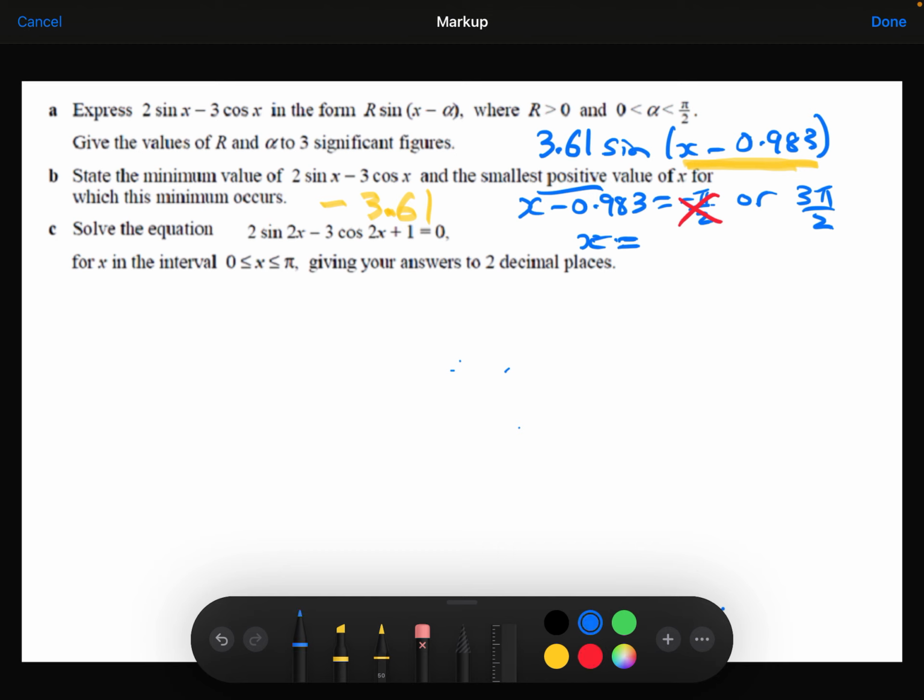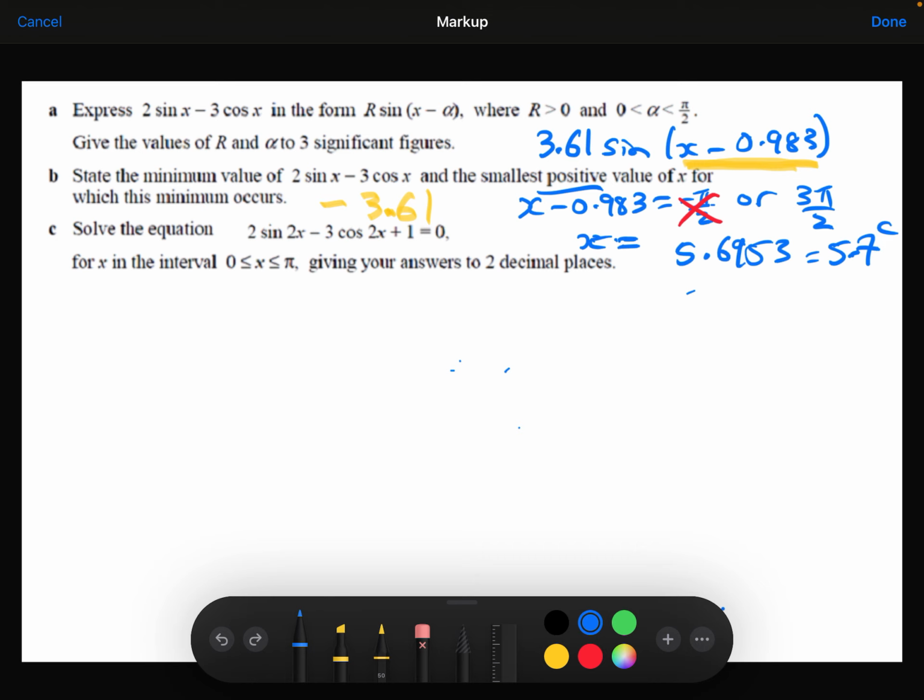So the smallest positive answer is going to be when I do 3 pi over 2 plus the 0.983, which gives 5.6953, which I'm going to say to 1 decimal place is 5.7 radians. So the minimum value is minus 3.61 when x is 5.7 radians.